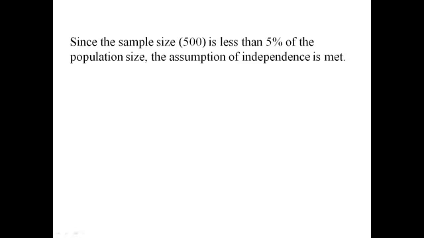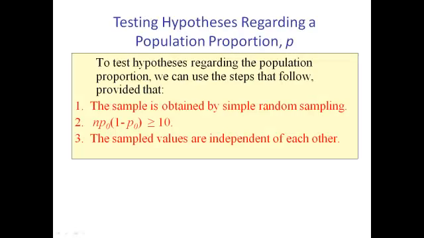Well, certainly 500 females aged 15 years of age and older is far less than 5% of the total number in that population. So we can consider that this assumption is satisfied. So, all three of our assumptions are satisfied, and now we can proceed with the test.